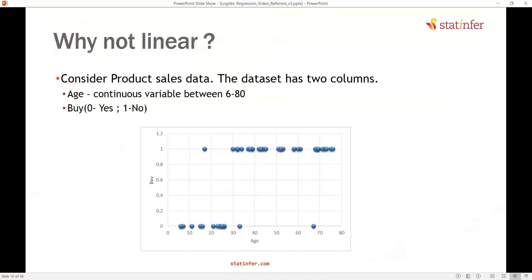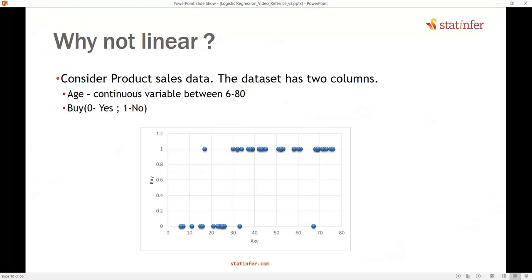So why not linear? We know that, right? Because the relation is not linear. Age is a continuous variable. It is varying between 6 and 80. We have seen in the data age takes 2, 3, 4, 5. It is continuous. Whereas buying is not continuous.